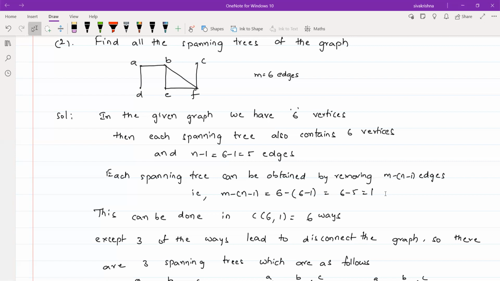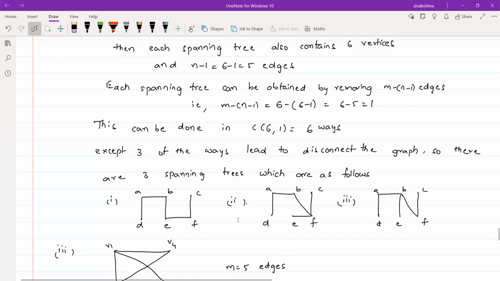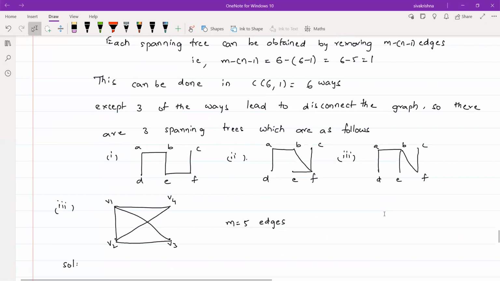So this was the mistake we made in our previous class. In our previous class I said that there are only 5 ways. Please correct it. There are 6 ways, and of these 6 ways only 3 ways represent spanning trees, and those 3 ways are as follows. Please correct it.